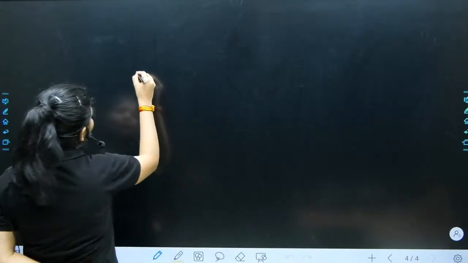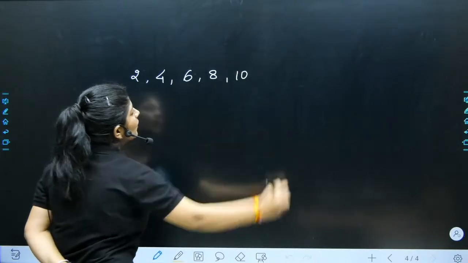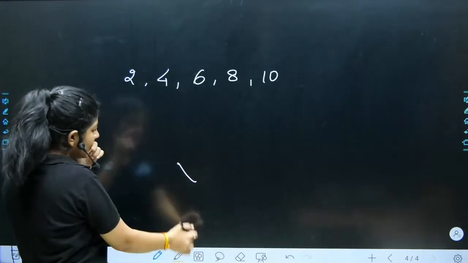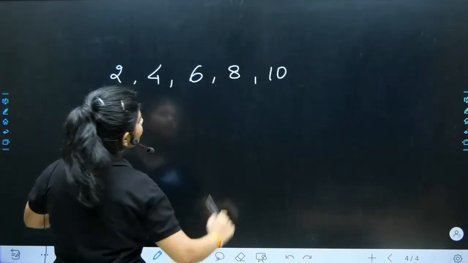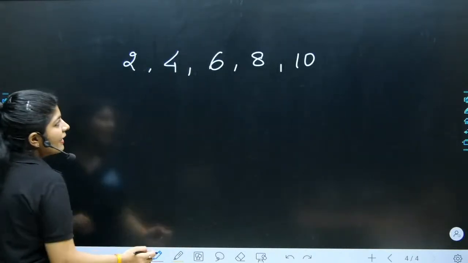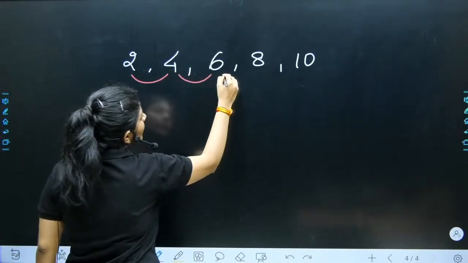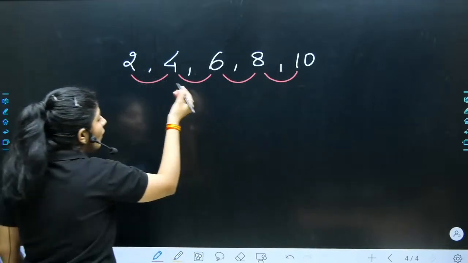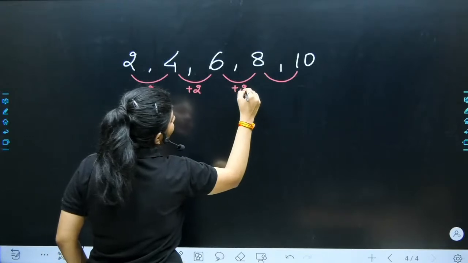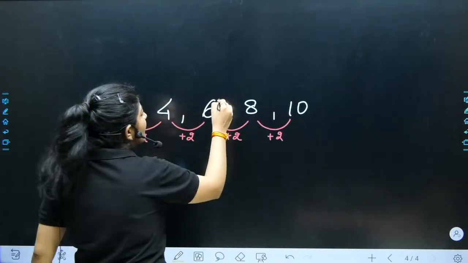If I have to find the average of 2, 4, 6, 8, 10, what is the average of these observations? There is a very simple trick here. If I have the same difference between the terms, there is a difference of plus 2 here.